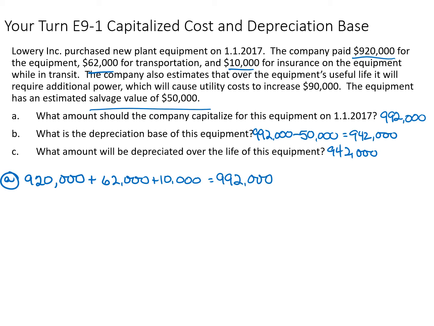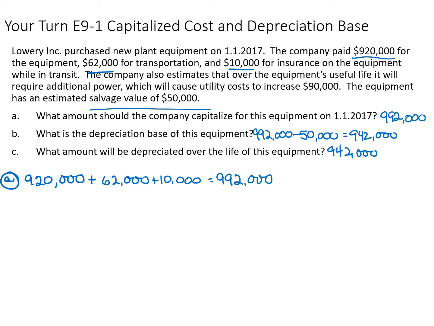The company also estimates that the equipment's useful life will require some additional power, which will cause their utility bills to go up by $90,000. That is a red herring. That has nothing to do with the cost of the equipment. That has to do with operating expenses. So that would be just utility expense as it is incurred and the utility bill is received.